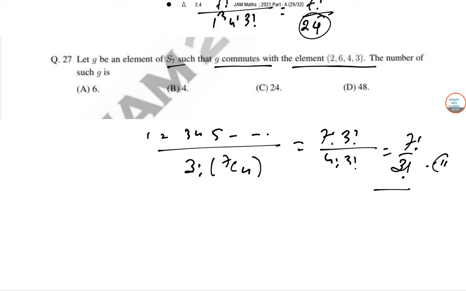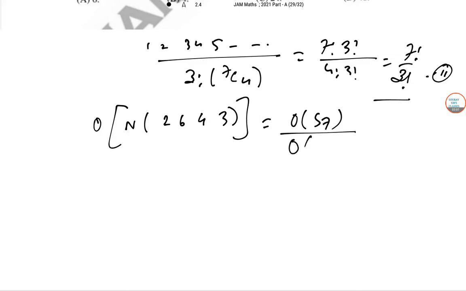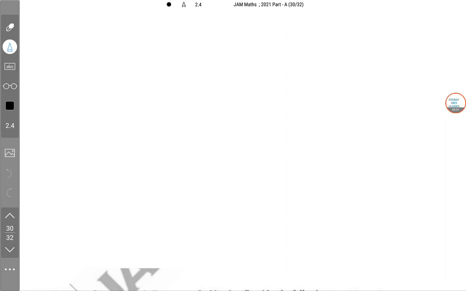So this is 2. From 1 and 2 we get the centralizer: 7 factorial by 7 factorial by 4, so this thing is 24. So the answer to this question is 24.